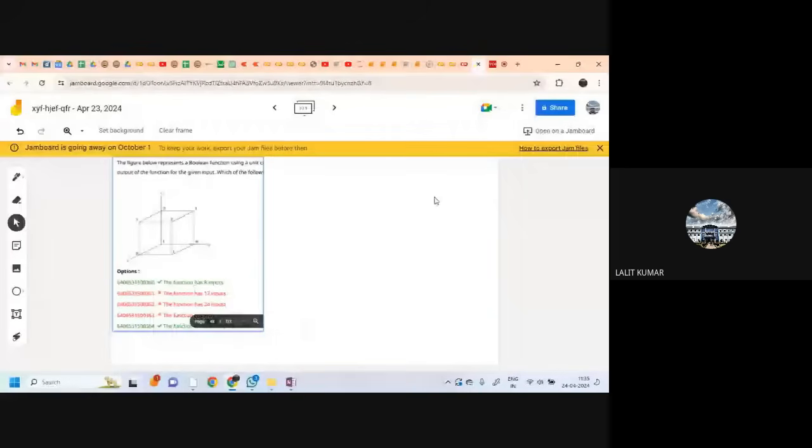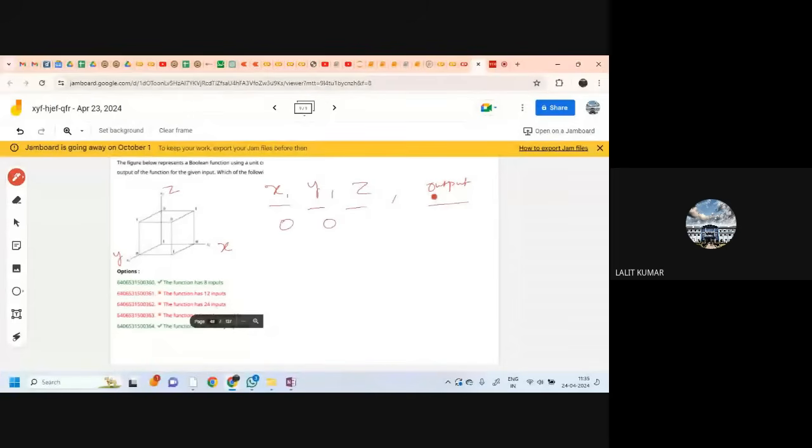Okay. So here we have x1, x2, x3. So we can write, for example, x, y, z. Let us write this as x and this as z. And here the values are, for example, x is 0, y is 0, z is 1, and this is 0.